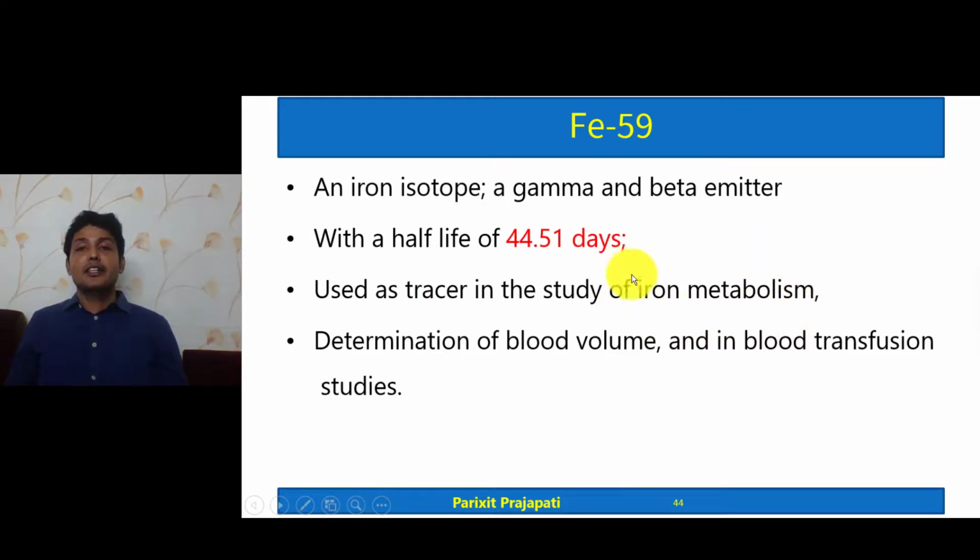Since iron is also part of the blood, part of the hemoglobin, iron 59 can be used in determination of blood volume and in blood transfusion studies. It has a half-life of 44.51 days.